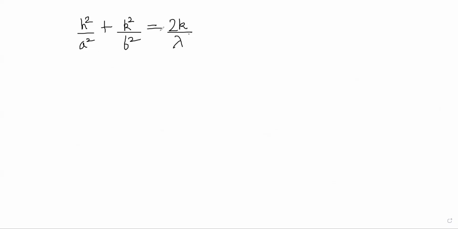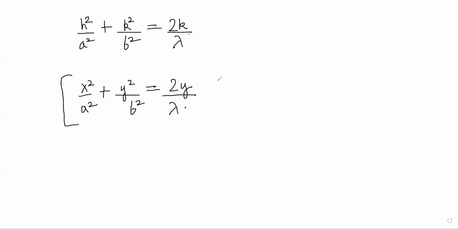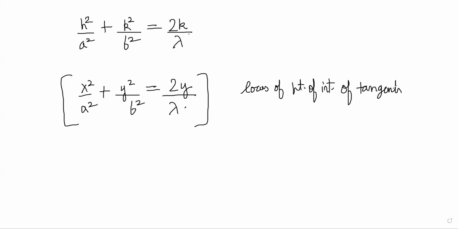And if you replace that with x and y, you get x square by a square plus y square by b square is equal to 2y by lambda. This is the equation of the locus of point of intersection of tangents when it was given that the sum of the ordinates b sine theta 1 plus b sine theta 2 was equal to a constant lambda.